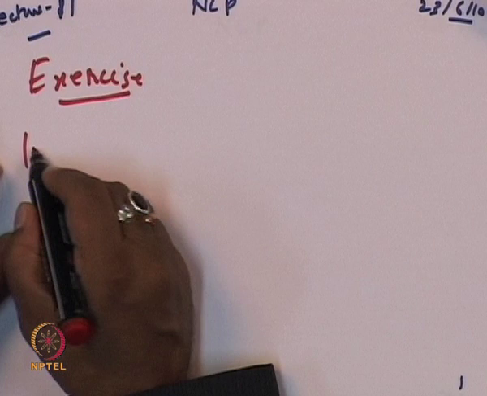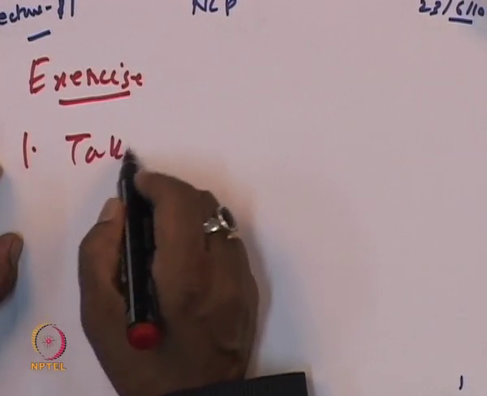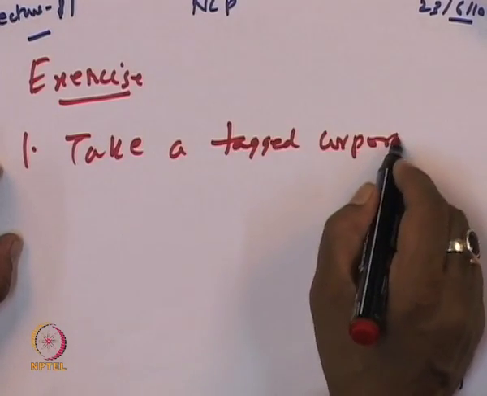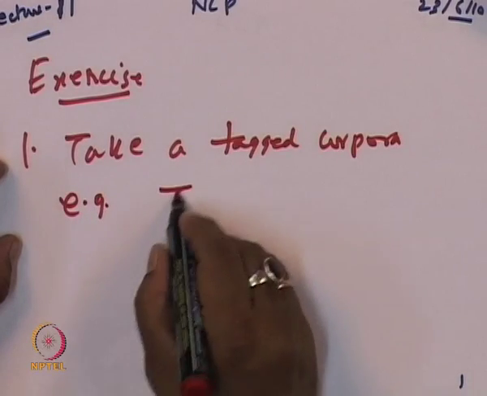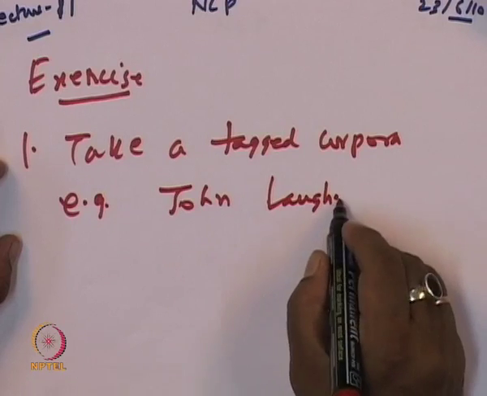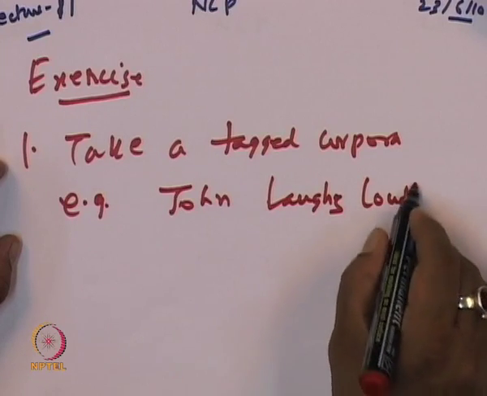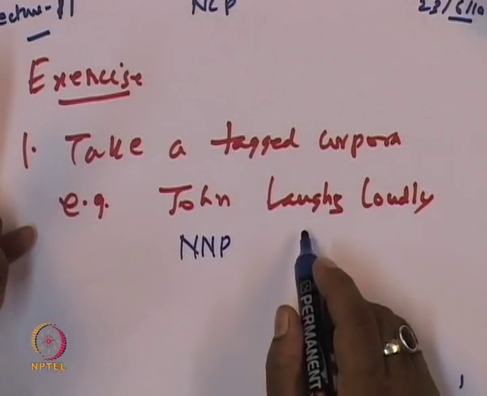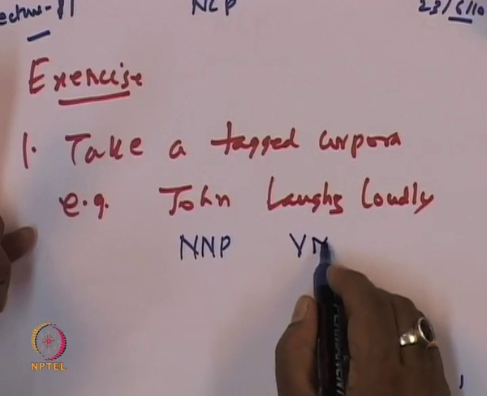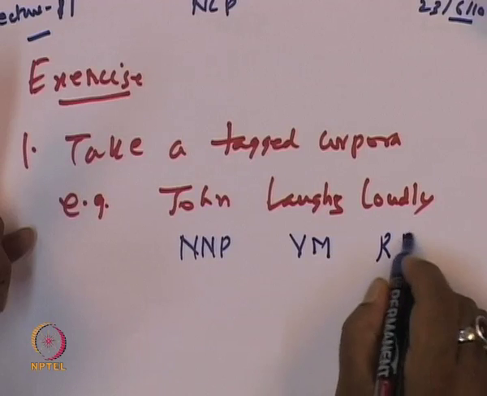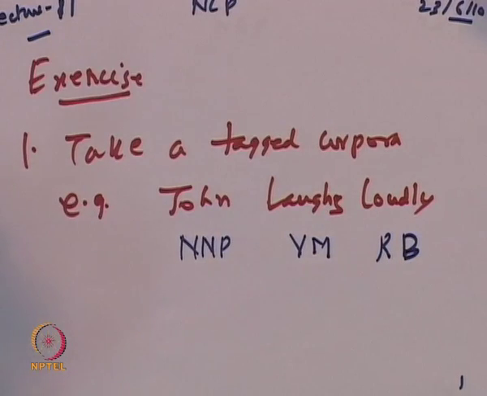So, the exercise is this: take a tagged corpus, for example, John laughs loudly. So, here the tags are: John is NNP, laughs is a main verb VM, loudly is adverb RB. So, take a tagged corpus, you will have this kind of tags along with the words.